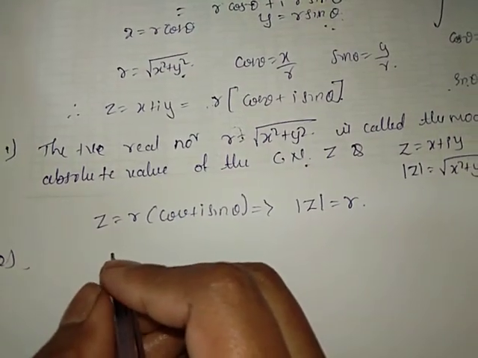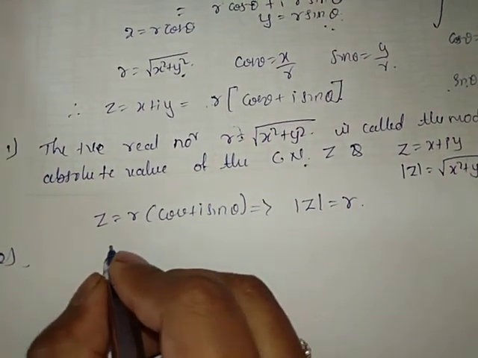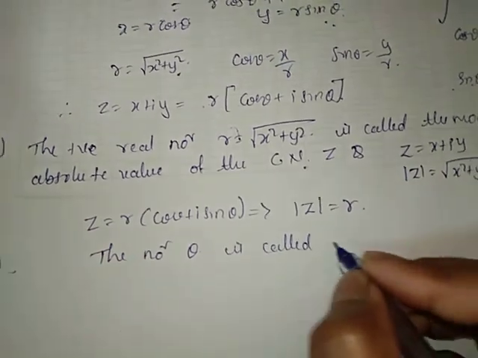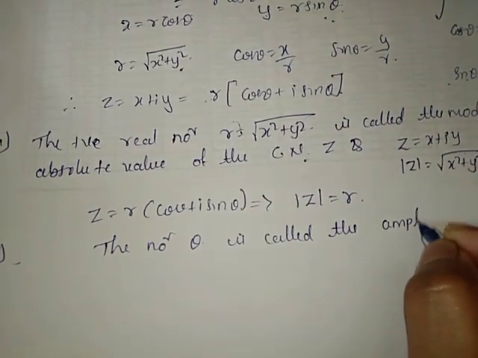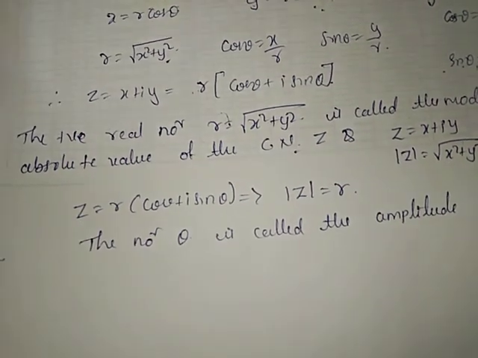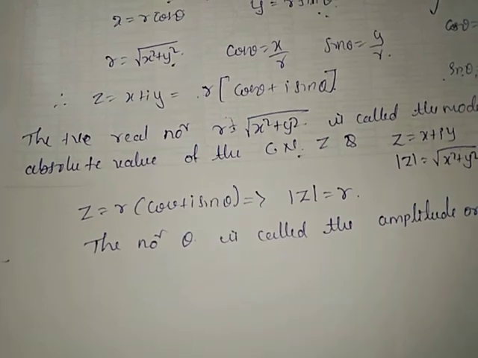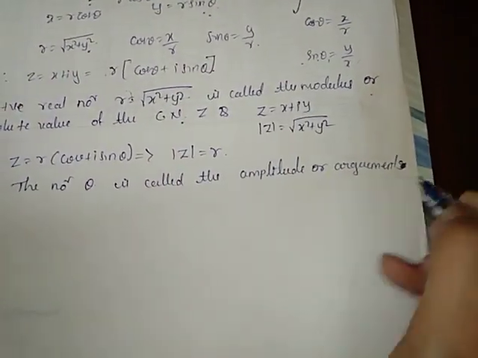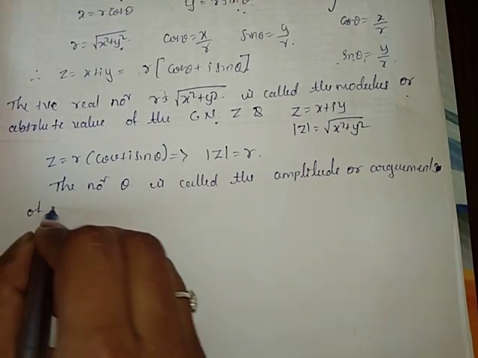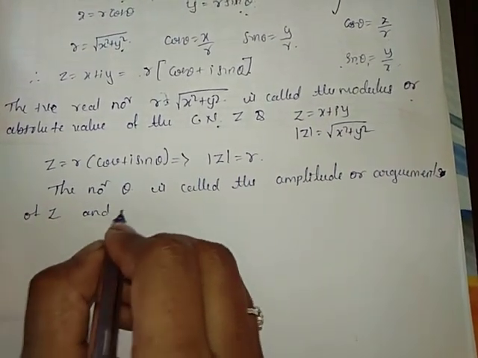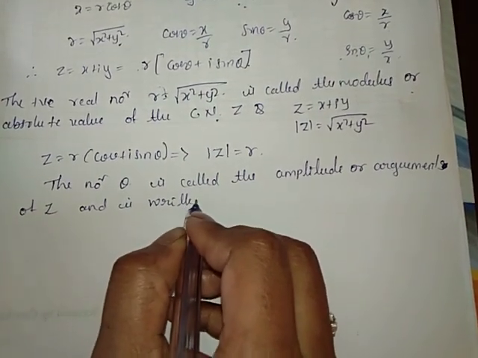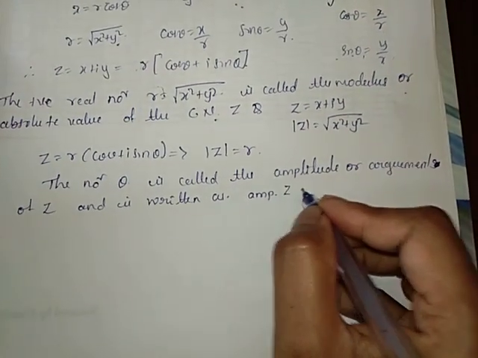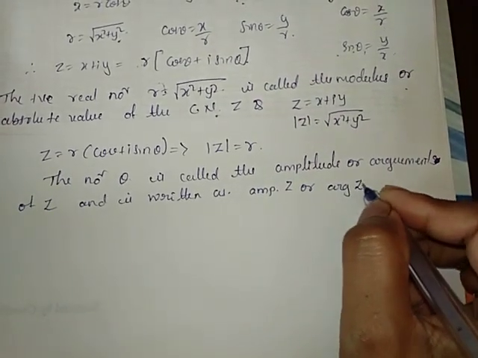In this complex number, the number theta is called the amplitude or argument of z, and is written as amplitude z or argument z.